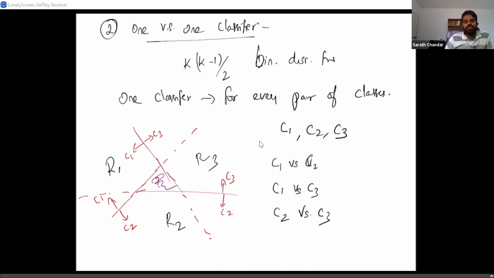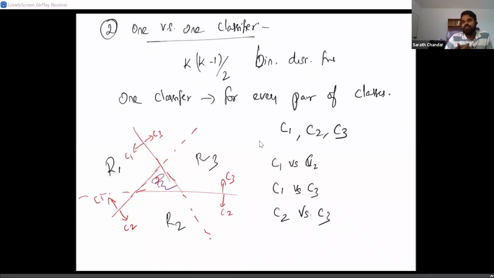Normally in one versus one classification, you're going to have a bunch of pairwise classifiers, and then you take a majority vote. See how many times C1 is predicted, how many times C2 is predicted, how many times C3 is predicted, and take the majority. Okay, is that clear?